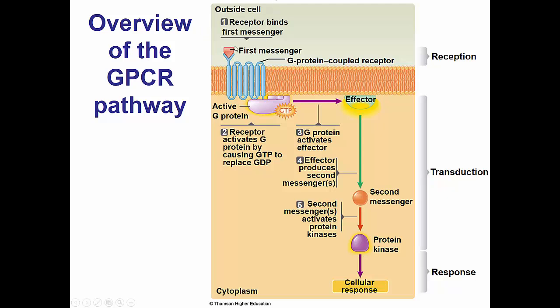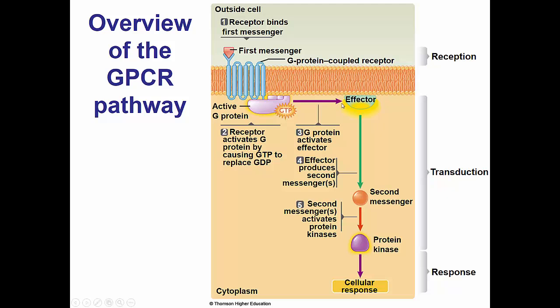So here we have the first messenger or the signal or the ligand. Those are all terms for the molecule that's going to bind and activate our receptor. When it binds, this leads to activation of the G protein by causing it to bind to GTP.